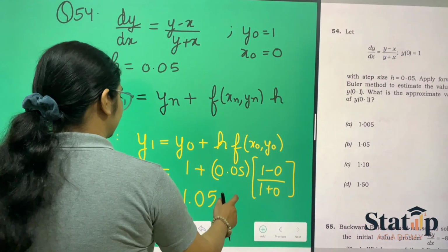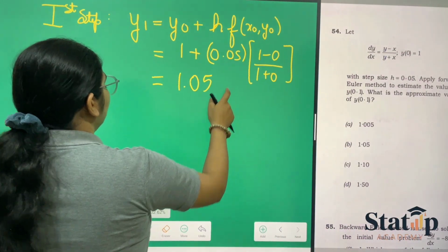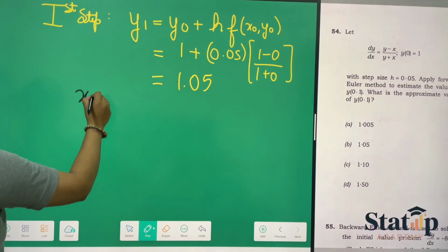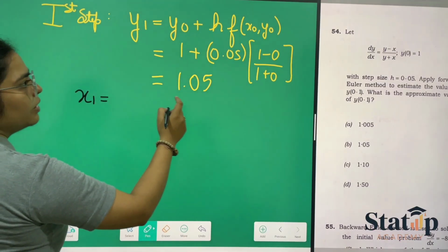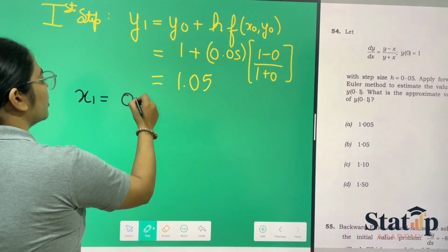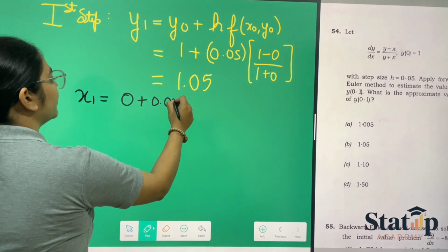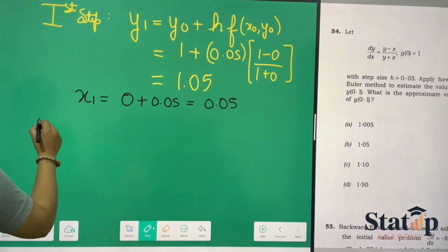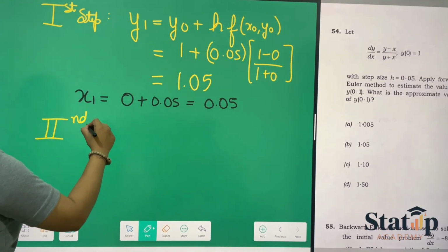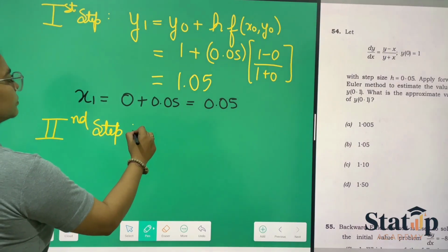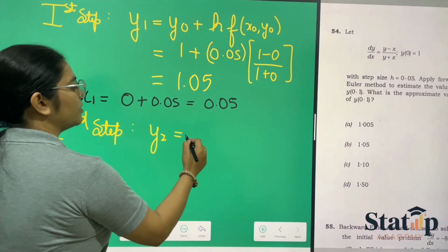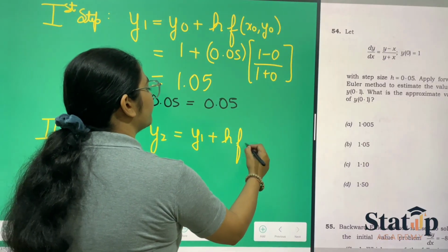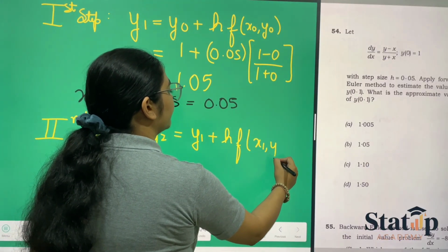Now moving towards the second step for calculating y2. Before calculating y2, we have to calculate the value of x1. x1 will be x0 plus 0.05, which will be 0.05. So the second step includes y2 is equal to y1 plus h f x1, y1.